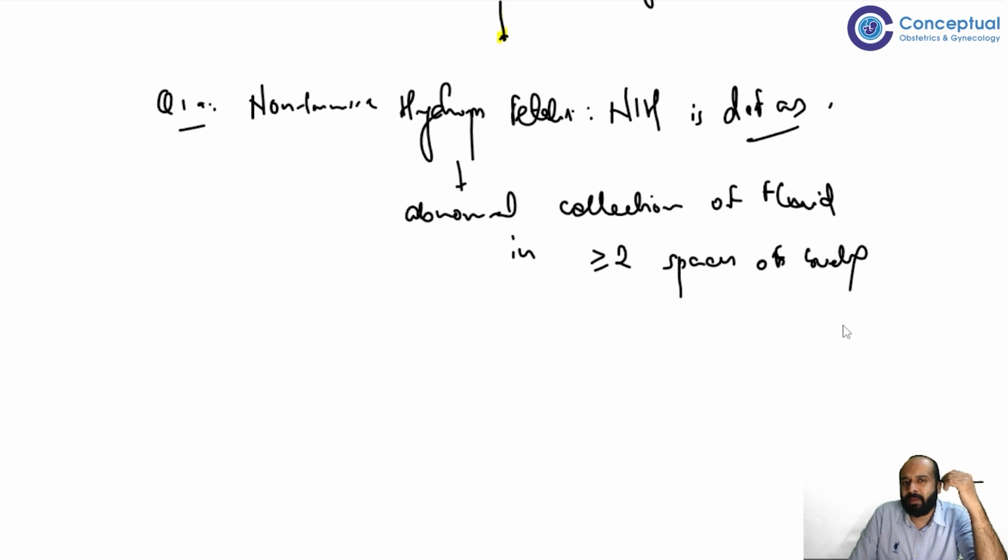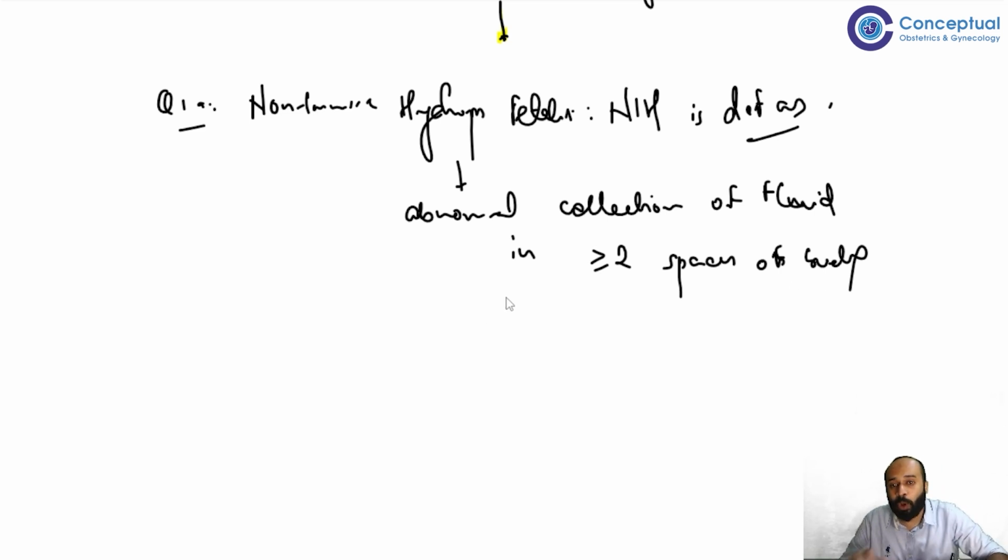Those spaces can be your subcutaneous layer, your pericardial cavity, your peritoneal cavity, which is called ascites, or your pleural cavity. So if there is a collection of clear fluid in any two of these four cavities, the fetus is going to be called as having hydrops.